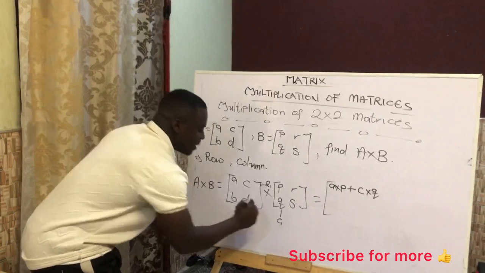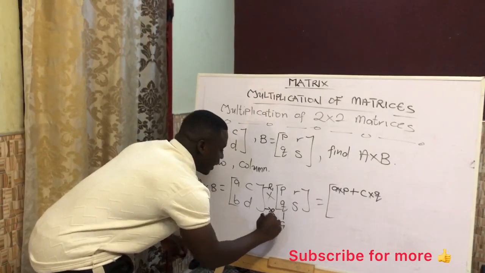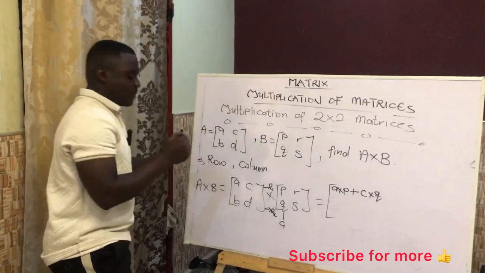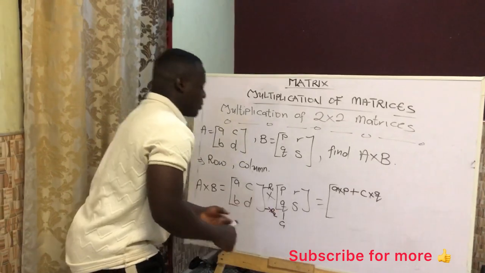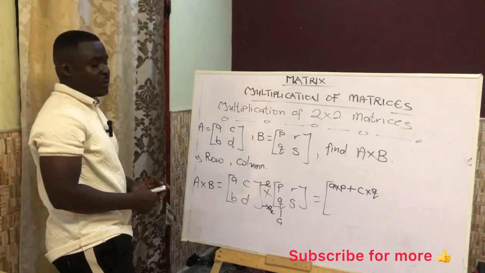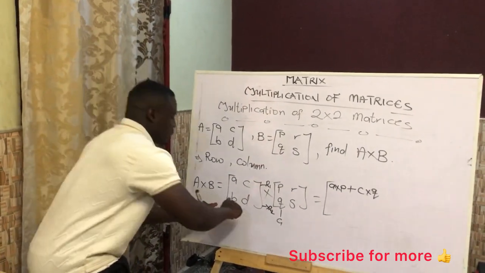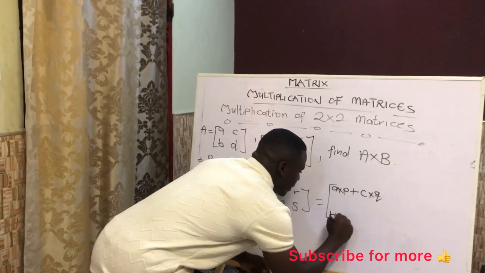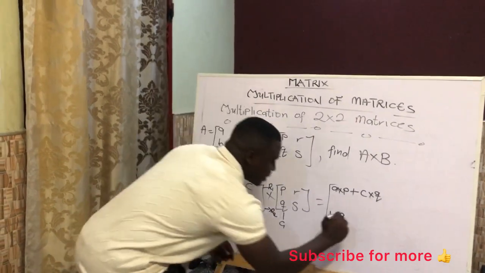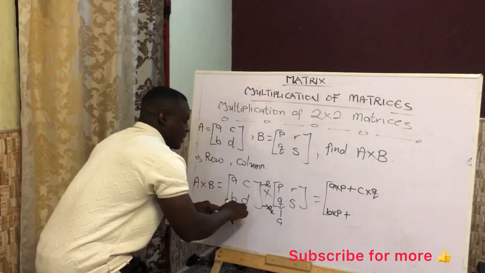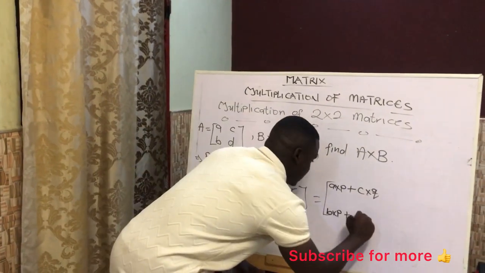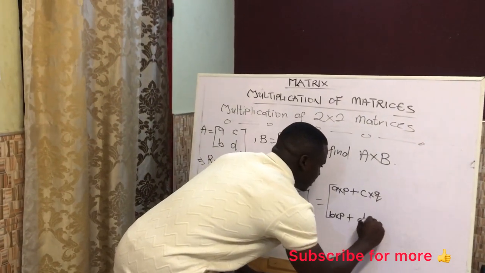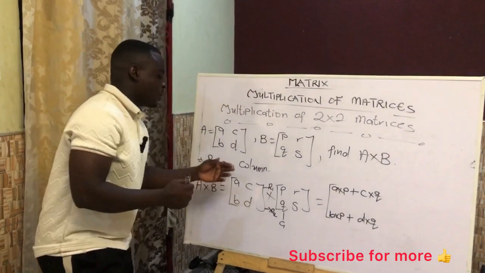So the same thing, the second row in A multiplies the first column in B. So this B multiplies this P. So B times P, right? Plus this D multiplies this Q. D times Q. So you are done with the base.